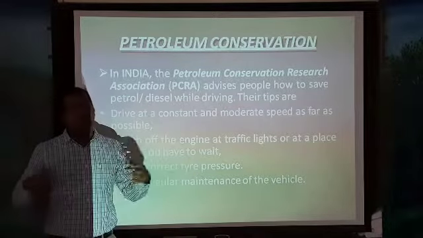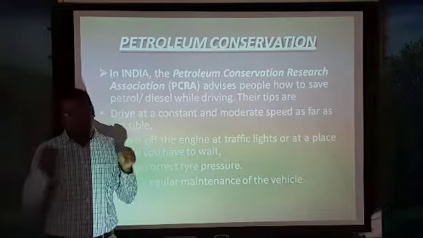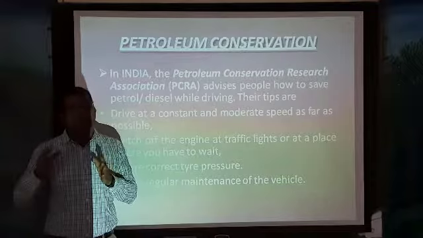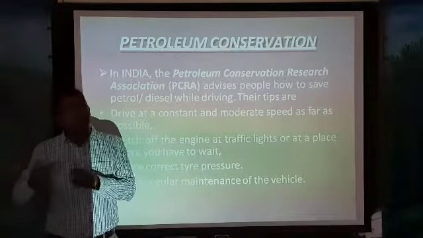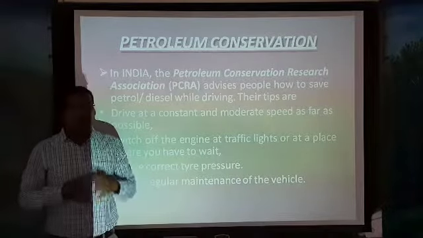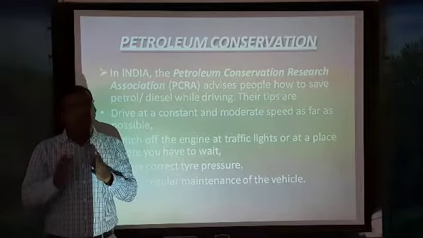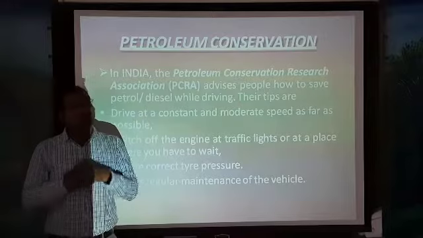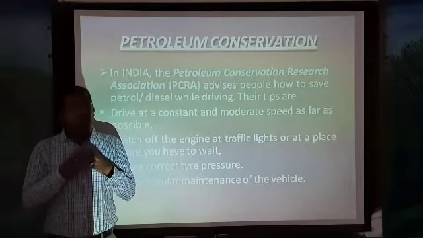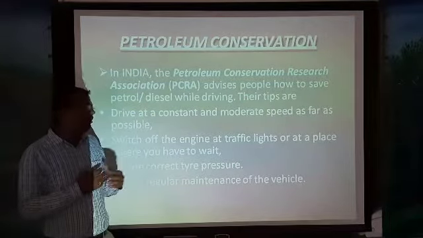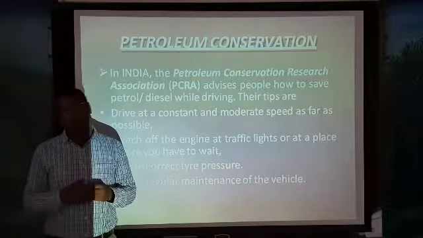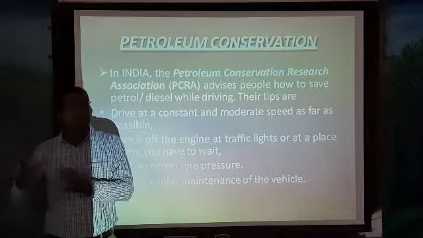Why? Because there is a problem in the engine. All the time you have to check whether the engine works properly and how much petroleum it is consuming. You have to maintain your engine properly, so that you can reduce the wastage of petroleum. As much as possible, you have to conserve natural resources.